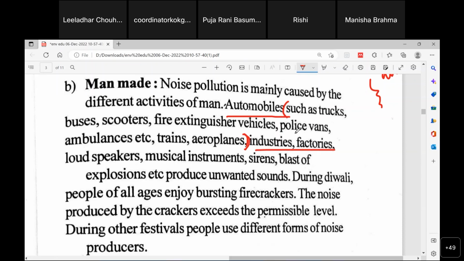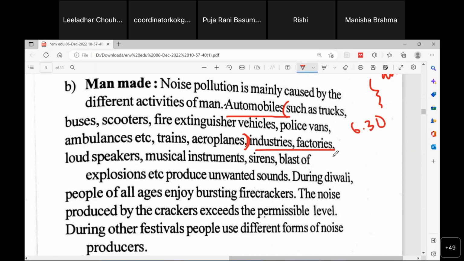Industries have sirens for particular times. In Kokrajhar itself, tea estates trigger an alarm at 6:30. That alarm can be heard from the Kokrajhar Government College itself.